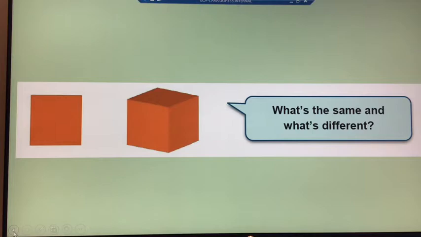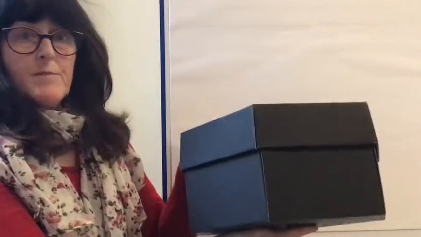Let's have a look a bit more closely at a 3D shape. So let's have a look at a real life 3D shape. So here I have a lovely box that actually came at Christmas. It had a present inside it.